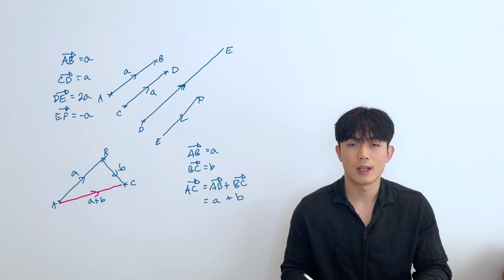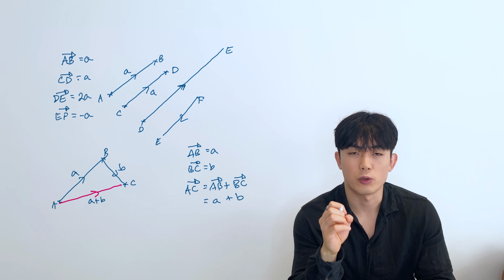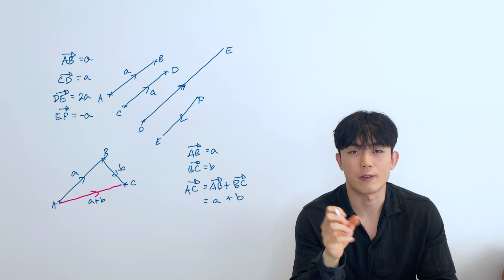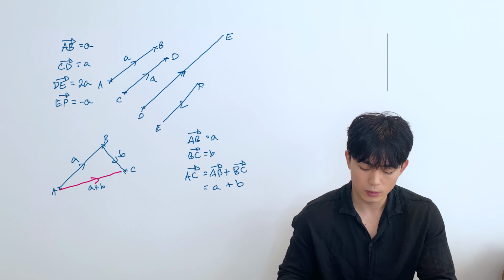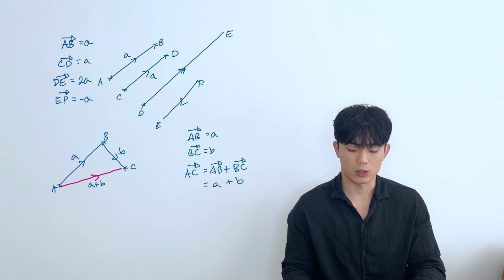This is known as the triangle law, and it's a very important law because if you want to start at one point and finish at another point, you just have to find a route which gets there, and that would be the vector of that direction. That's the very basic form of vectors that we have to be aware of.